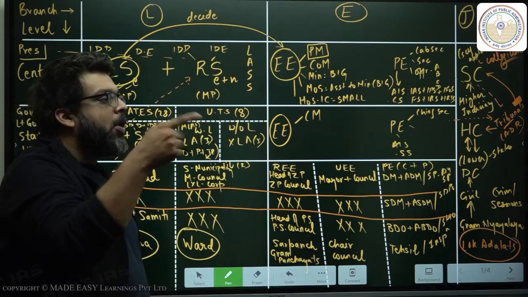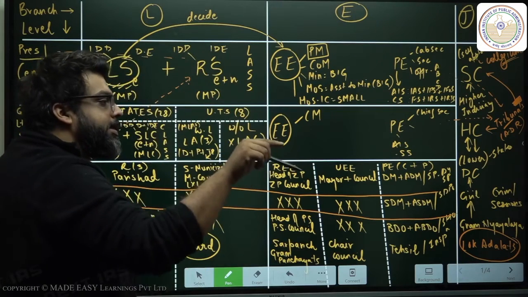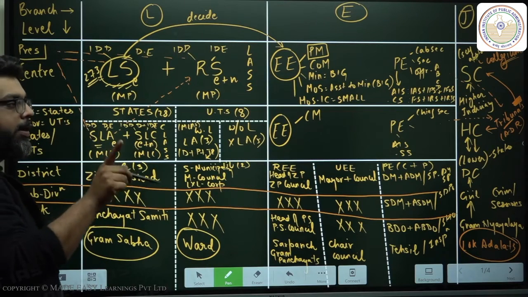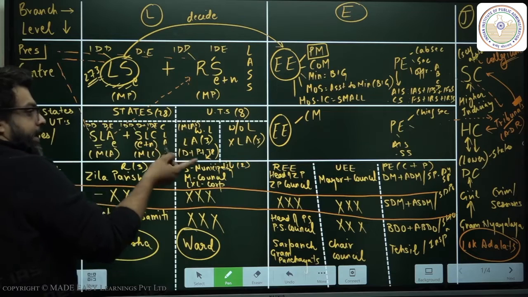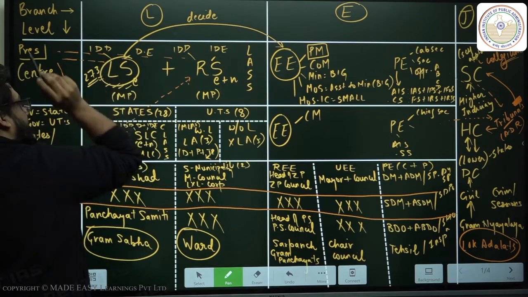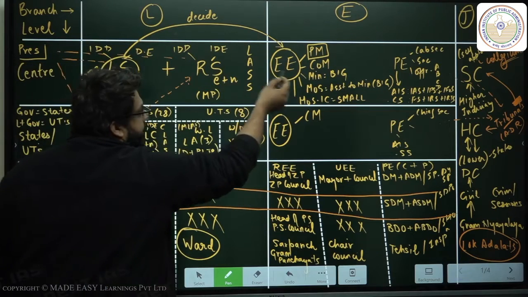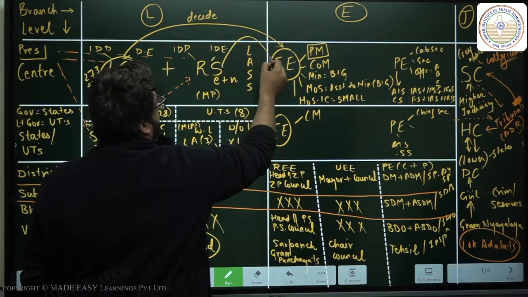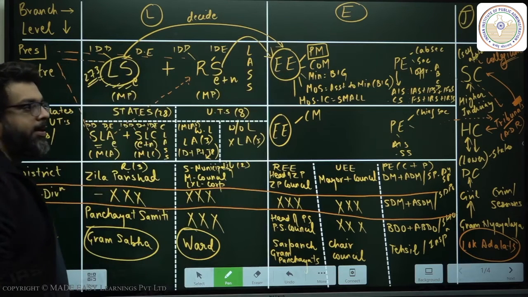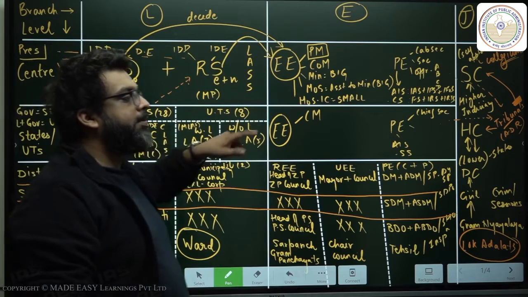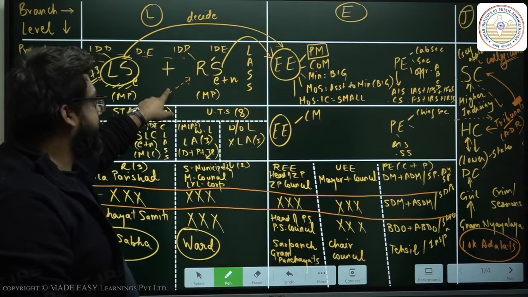This does not mean that the ministers will necessarily come from the Lok Sabha. No, it simply means that the party which has a majority in the Lok Sabha will decide who the ministers are going to be. The ministers can come from the Rajya Sabha as well. For example, Jaishankar, who's the current Foreign Affairs Minister, is a member of the Rajya Sabha.